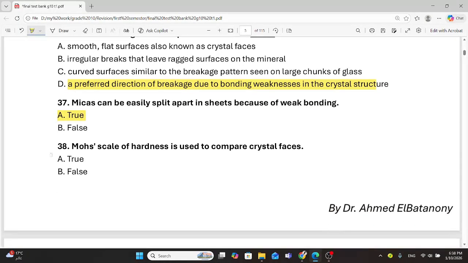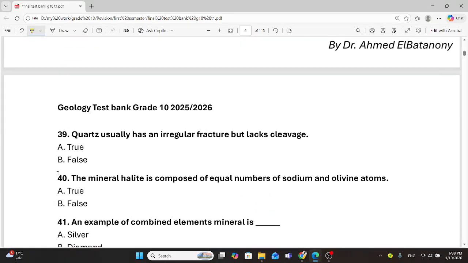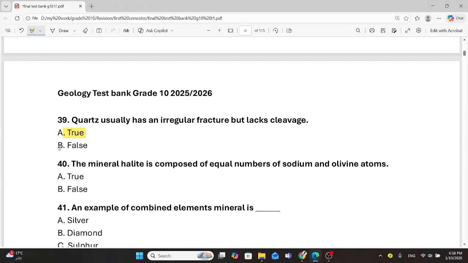The Mohs scale of hardness is used to compare crystal faces. False. Quartz usually has an irregular fracture but lacks cleavage. True. The mineral halite is composed of equal numbers of sodium and chlorine atoms.